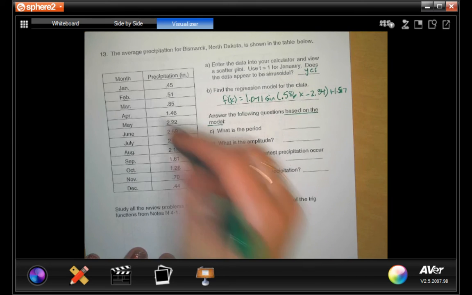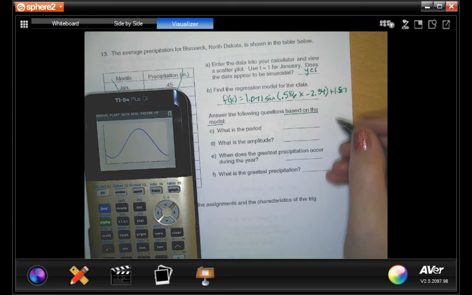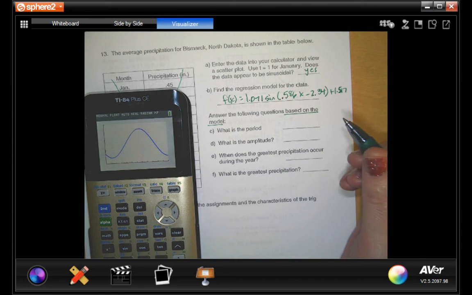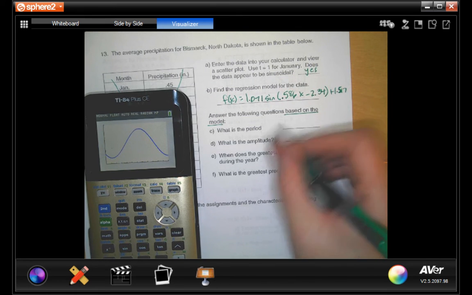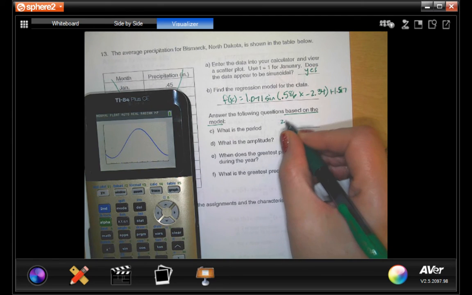Once we get the equation, you no longer use any of those points. So what's the period? How do we find the period? Anytime, even on the other ones we did before. 2 pi over b.